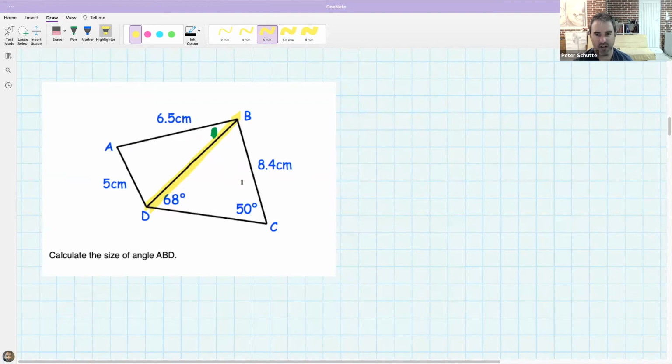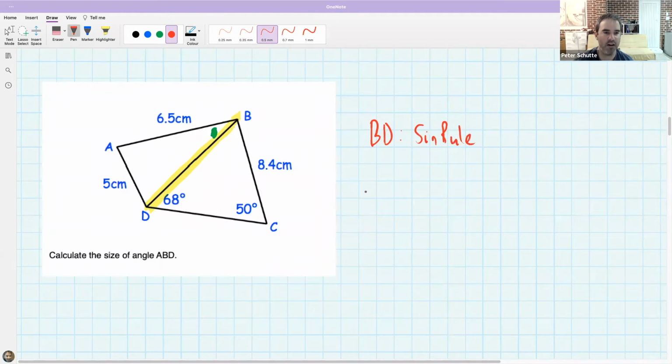So that was Jenna's advice. And I think that's pretty good advice, because if I find BD, then I'll have all three sides in that triangle which I think means I can use one of the rules. And so Musa has said, then you would use the cos rule. I agree. So between Jenna and Musa, I think we've got a plan, guys. So we're going to find BD using the sine rule.